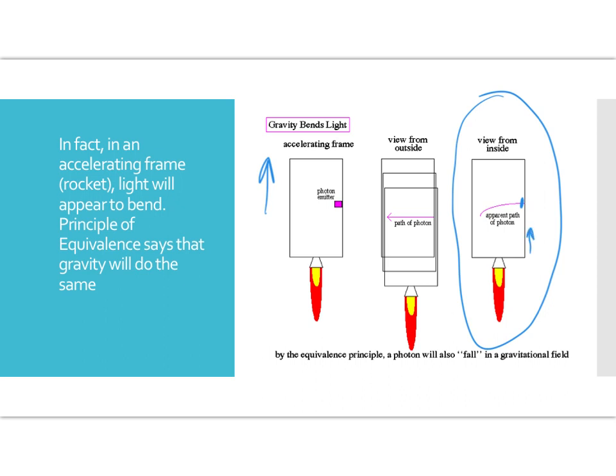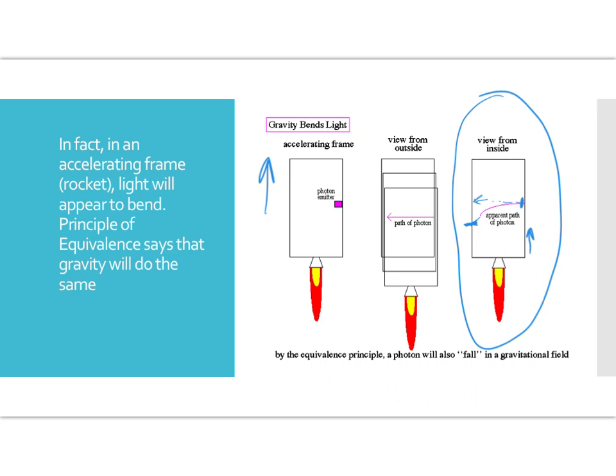So if we're watching this light from inside the rocket, instead of just going straight across, by the time it gets over here, the rocket has moved up and the light is going to be hitting lower on this wall than it would have if the rocket was not accelerating.